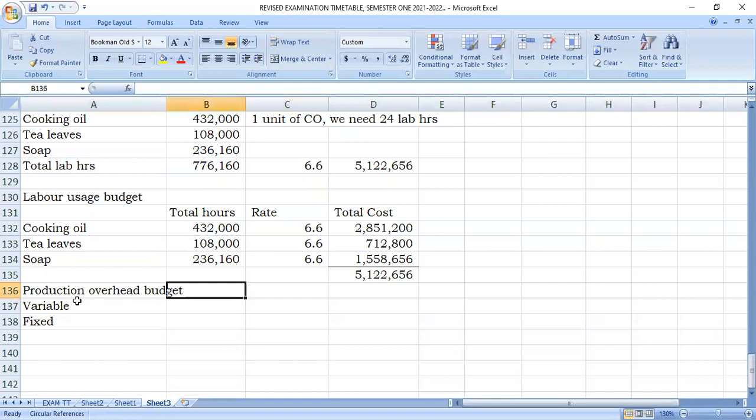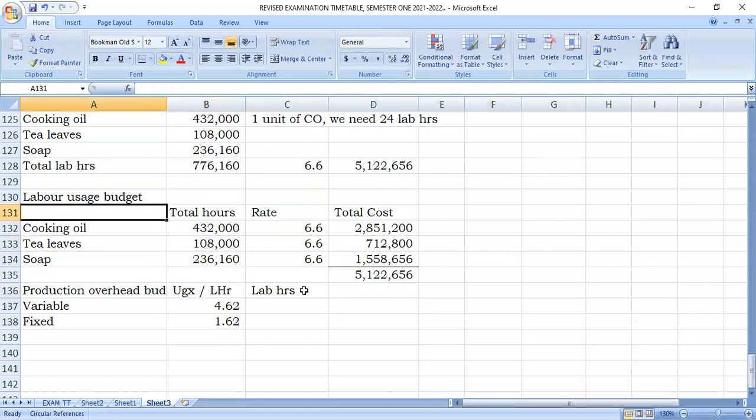Given the rates, or what you call the OAR, you're using 4.6, then you're using 1.62. It's important that this rate is UGX per labor hour. So ask yourself, how many labor hours did you use?